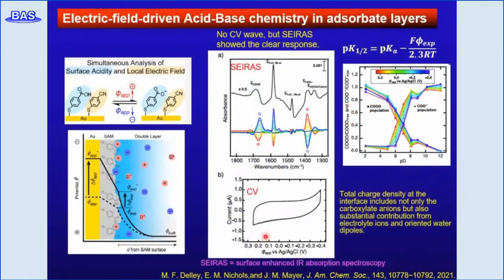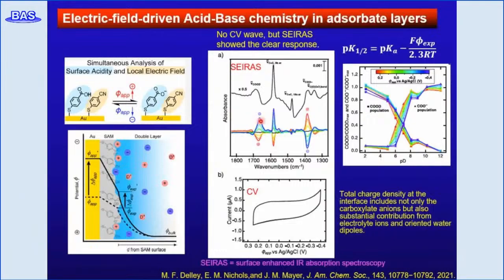As shown previously, it is important to understand how potential and electrolyte affect interface proton transfer at the electrode surface. Here again, the proton equilibrium at the gold surface of mixed 4-mercaptobenzoic acid and 4-mercaptobenzonitrile self-assembled monolayers was studied using in situ surface enhanced infrared absorption spectroscopy, SEIRAS.